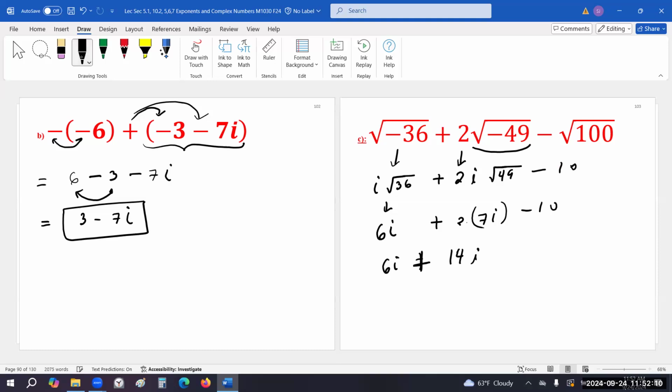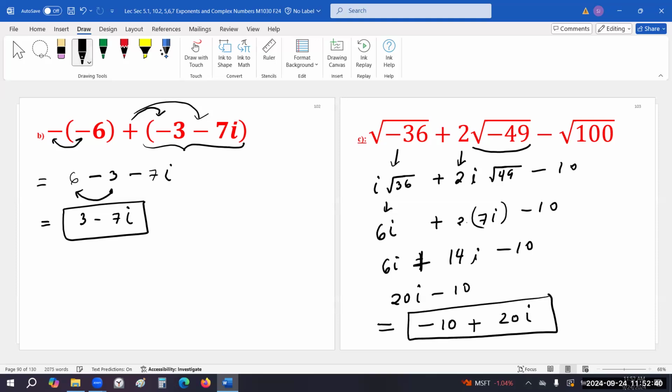And this is easy, negative 10. 20i minus 10. But in order to write a complex number, we're supposed to write the real number first and then the imaginary portion. So it's right, but we're supposed to write negative 10 first and then the 20i. Because this is the format of a complex number. Real number plus the imaginary portion.